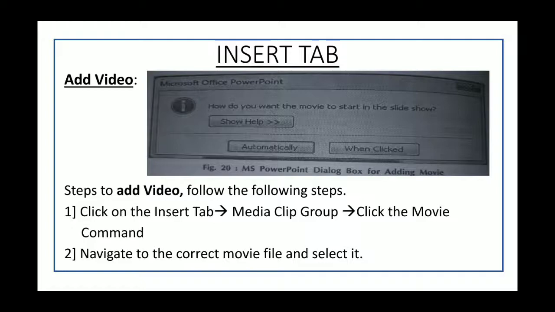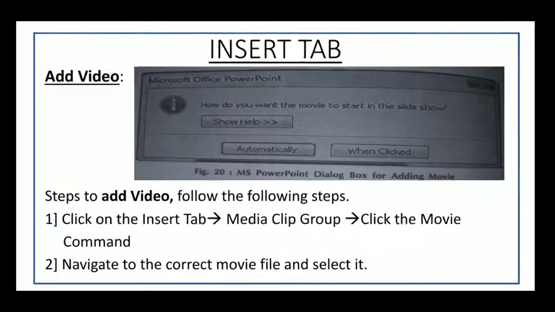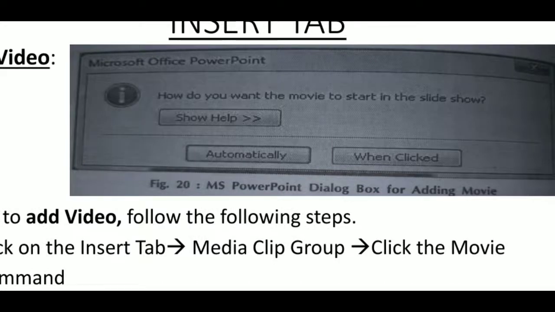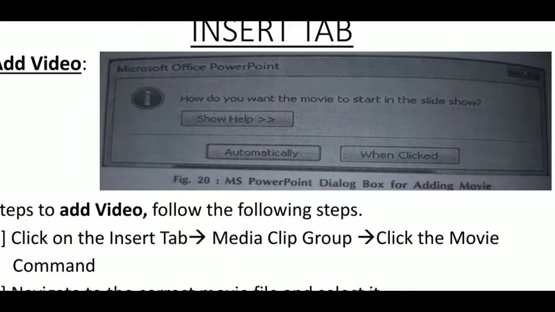Here is one window, one picture I have given here: how do you want the movie to start in the slideshow, automatically or when clicked. It is the same for audio. If you choose automatically, whenever the slide where you inserted your movie is shown on the screen, the movie plays automatically.